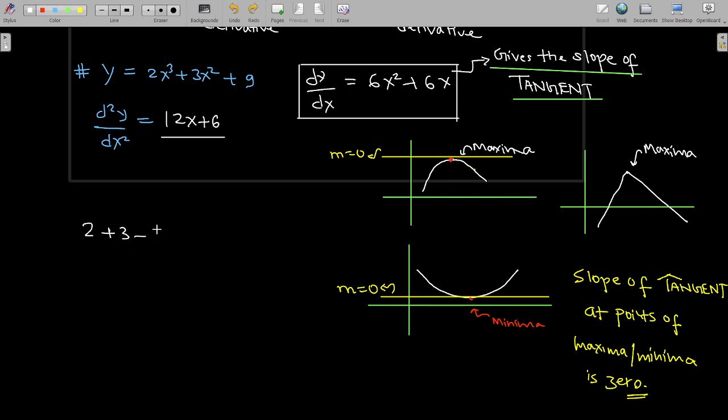The definition of the double derivative is based on the first derivative. The double derivative is nothing but the derivative of the first derivative. So you have to calculate the first derivative and then do the second derivative. If your mind works fast, then it's fine, you can do it in your head. But the process is this only. You have to first do the first derivative and then the second derivative.